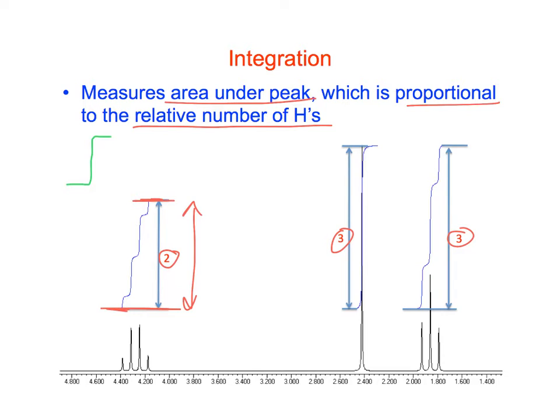Because the signal should only be this height in the middle here. If this part is before the peak and this part is after, and there's no signal there, then those should be flat, right? And so we would just measure some distance from here to here.